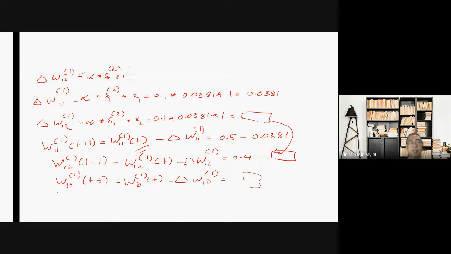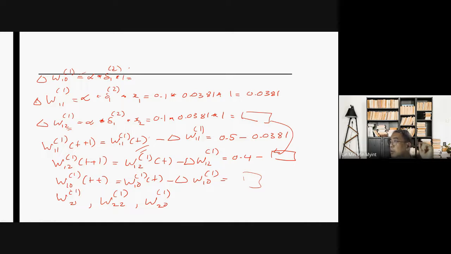Similarly, you can calculate W211 and W221, and for the bias W201 also, you can update like this. So this is how to calculate the backward and forward calculations.